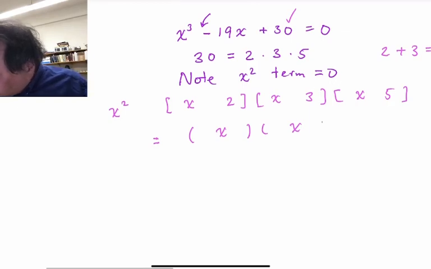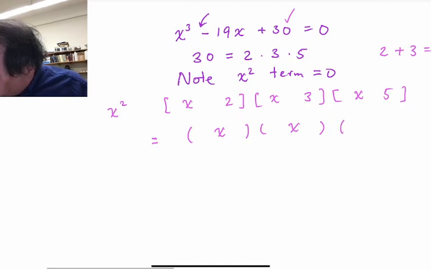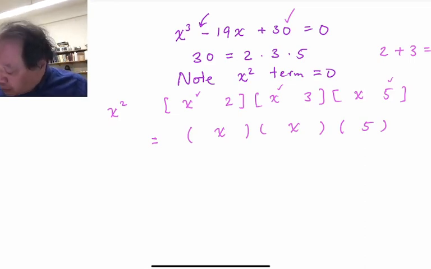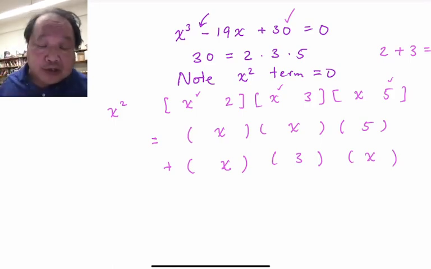And that means that the third number will have to be not an x, but the 5. So we choose this guy first, this guy third. That's one term. Or we could consider the scenario where we take an x from the first box. From the second box, we choose the 3. And then from the final box, we choose an x again. Again, we're going to have an x squared term.